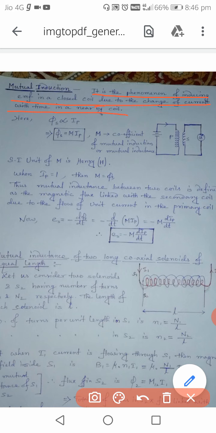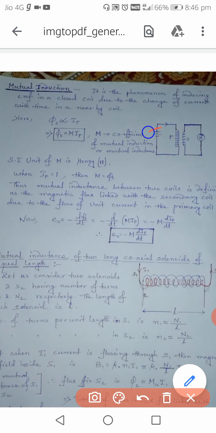As a result, this primary coil has got some magnetic property. Suppose this has become the north pole, and this has become the south pole. From the north pole some field lines will come and go in through the secondary like this. Many field lines will come from this north pole and pass through the secondary.